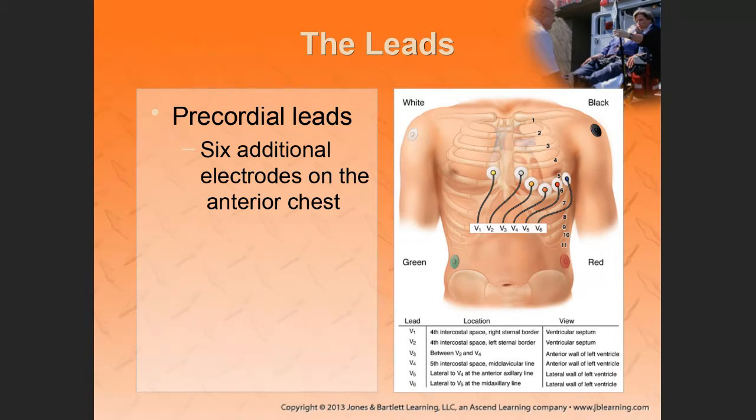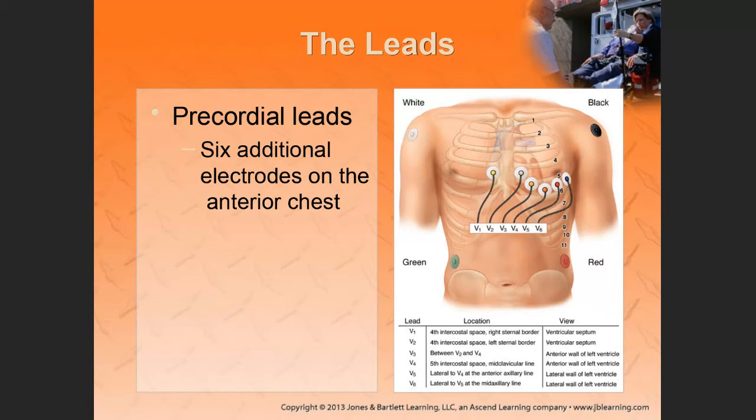If we're doing a 12 lead ECG and we need to look at the left side of the heart, we're going to look at lead 1, AVL, V5, V6. If we want to look at the inferior portion of the heart, we're going to be looking at lead 2, lead 3, and AVF.